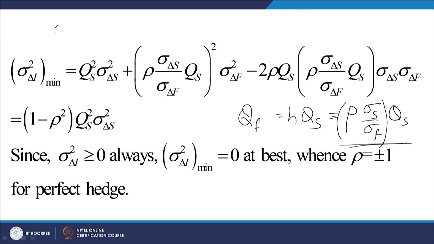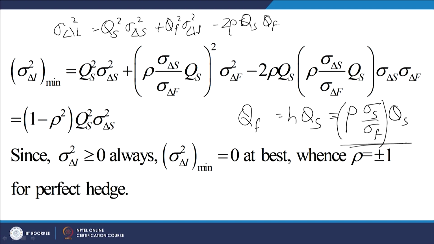The equation that we arrived at, if you would recall, is sigma square delta I is equal to QS square sigma square delta S plus QF square sigma square delta F minus 2 rho QS QF sigma delta S sigma delta F. This was the expression that we arrived at using the expression for the variance of a linear combination of random variables.